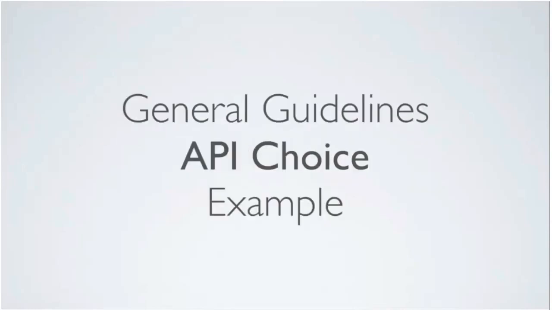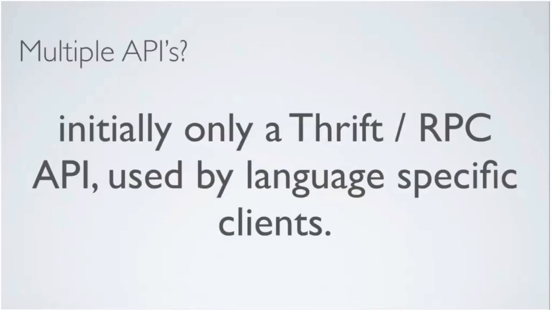So let's look at the different sorts of APIs we have. The fact that we have multiple APIs is, let's say, not ideal, but Cassandra started out a long time ago with this very simple Thrift RPC API. Thrift, for those that don't know, is a piece of technology that came from Facebook.